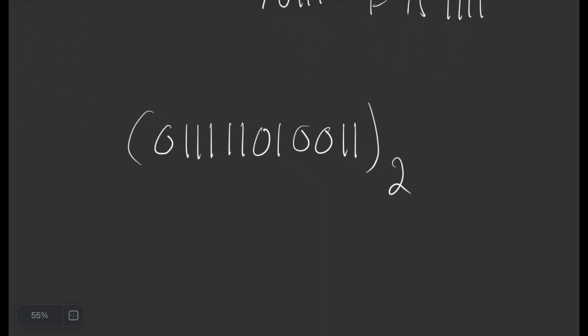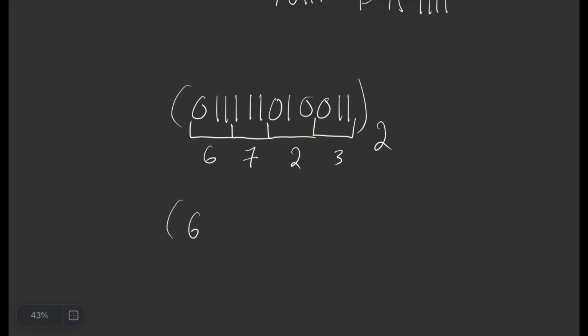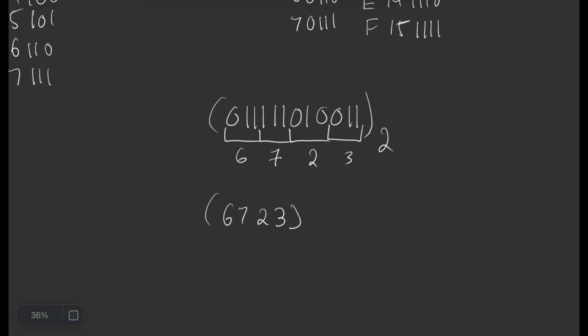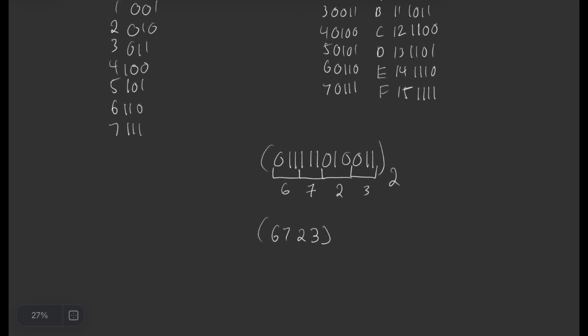So 011, that's 3. 010, that's 2. 111, that's 7. 011, that's 6. So technically in octal this should be 6723, if I'm correct.